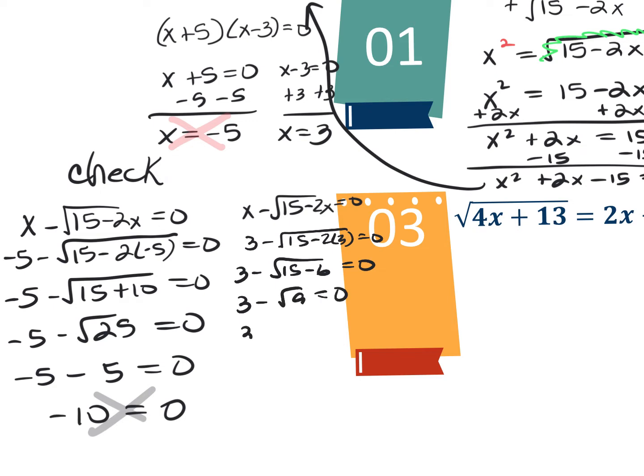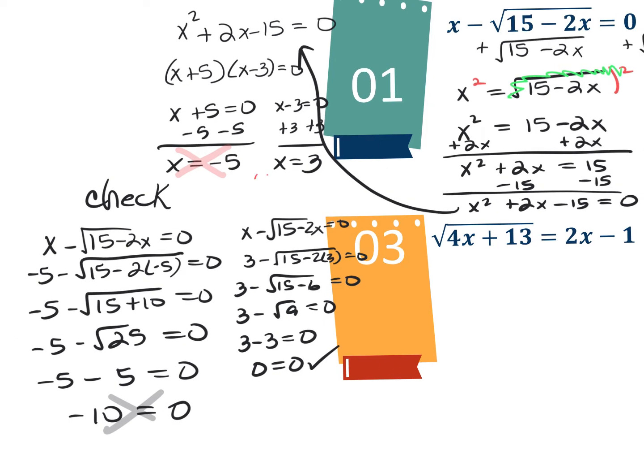And then when I square root the 9, I get 3. 3 minus 3, 0 equals 0. This is a good answer. So the answer to this problem is x equals 3. So when 1 works, the answer is not no solution. You just get rid of whichever solution doesn't work.